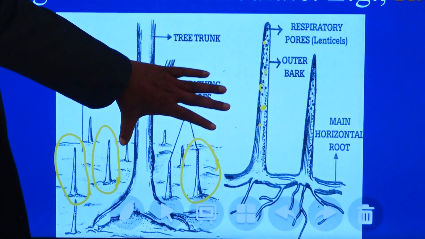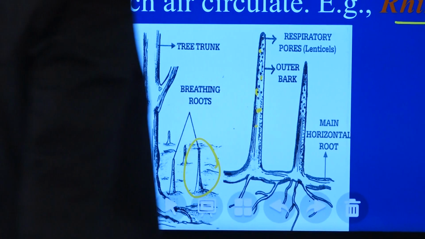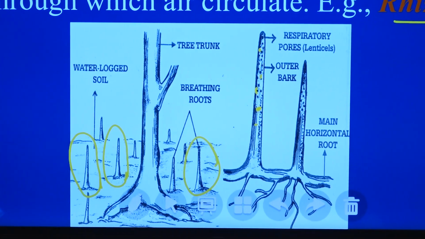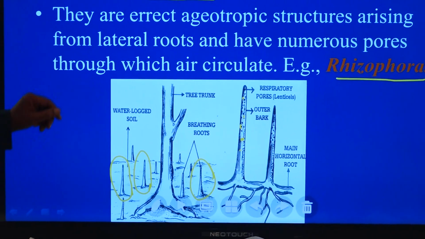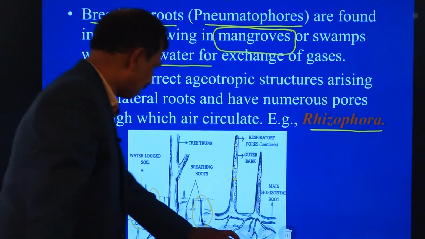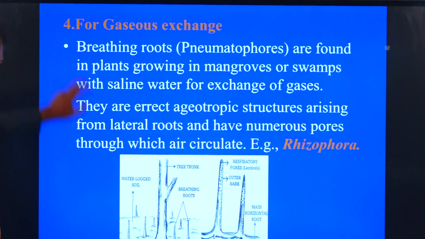This type of root is observed in a plant called Rhizophora and even in Avicennia. This is regarding the pneumatophore in case of Rhizophora. The real pneumatophore is like this.